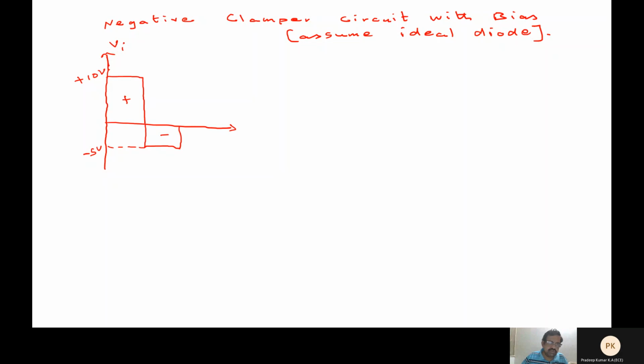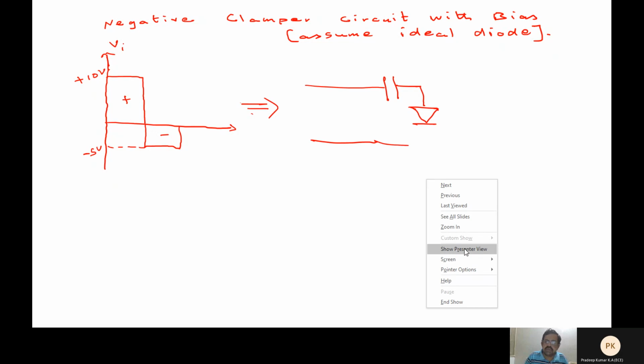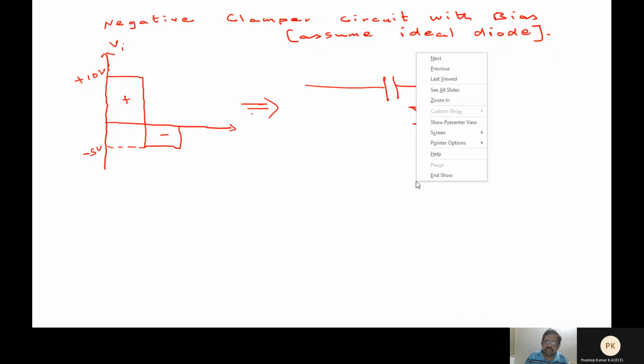So y-axis is Vi. So this is applied on this kind of circuit. Now the capacitor is the same. Only thing is I alter the diode, reverse the direction of the diode. Now I have reversed the polarity differently.